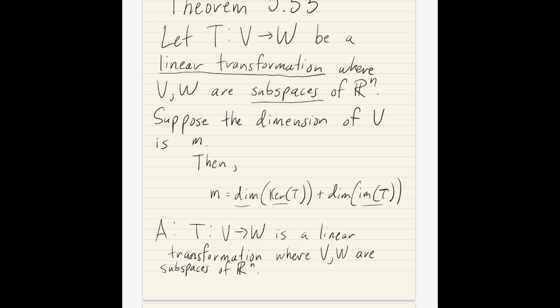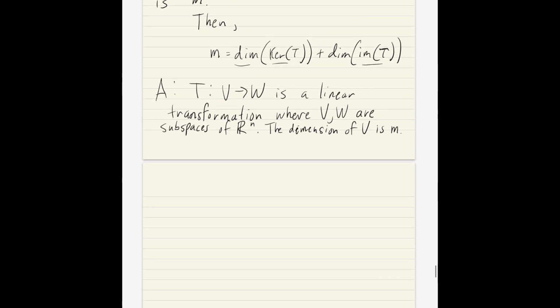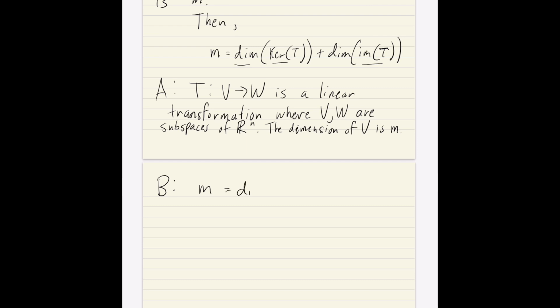And we also know that the dimension of V is M. That's what we're given. And then what we need to prove is part B. And that's just the statement that M is equal to the dimension of the kernel of T plus the dimension of the image of T.